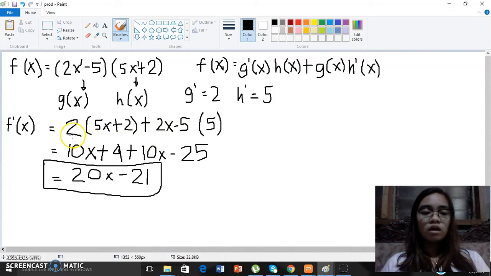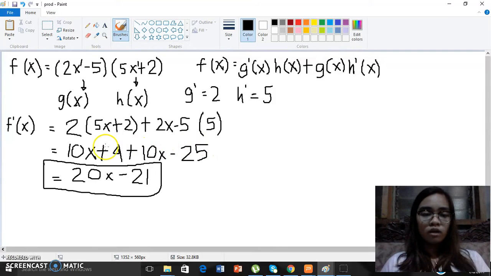After this, I just distributed this one. 2 times 5x is equal to 10x. 2 times 2 is equal to 4. And then 2x times 5 is equal to 10x. And then negative 5 times 5 is equal to negative 25.